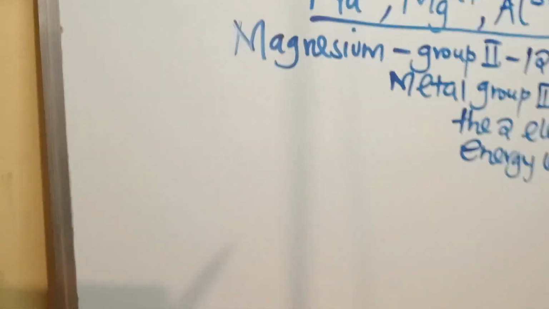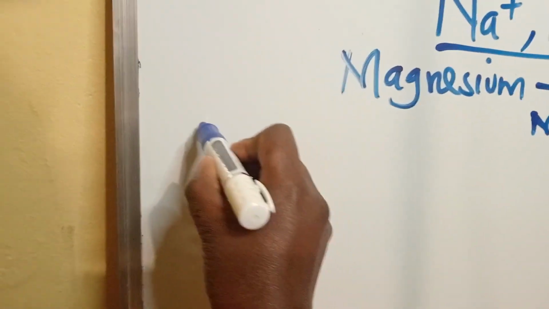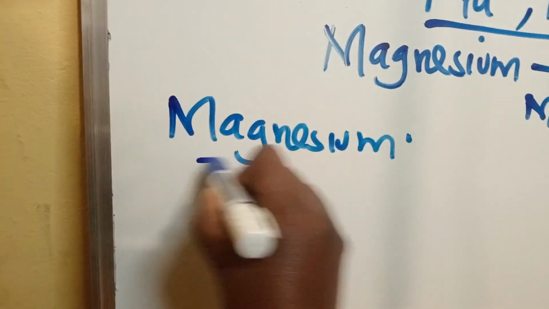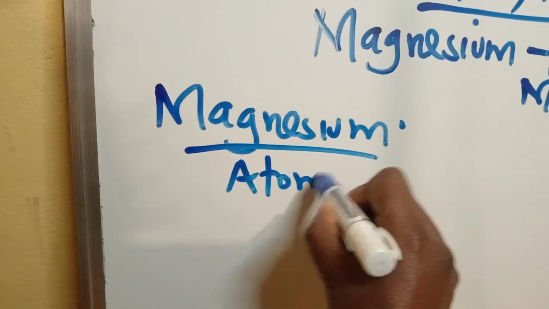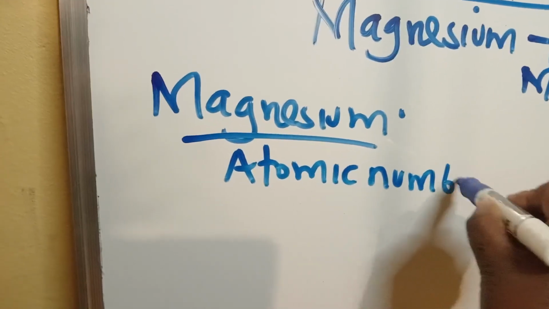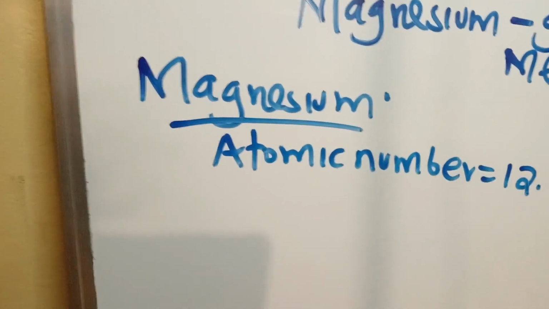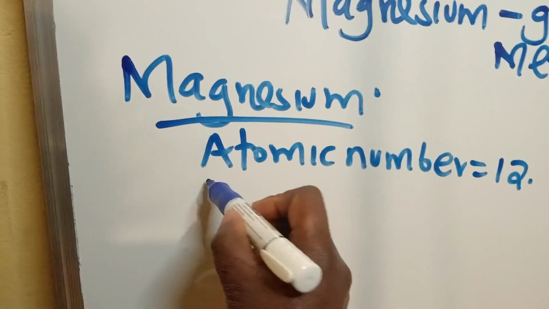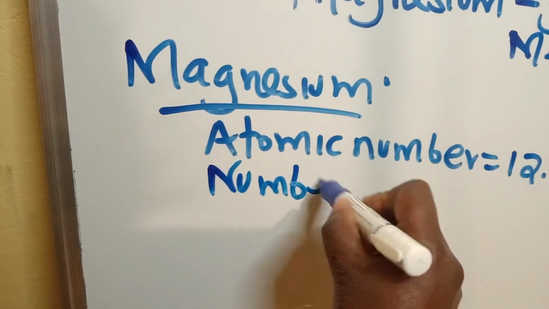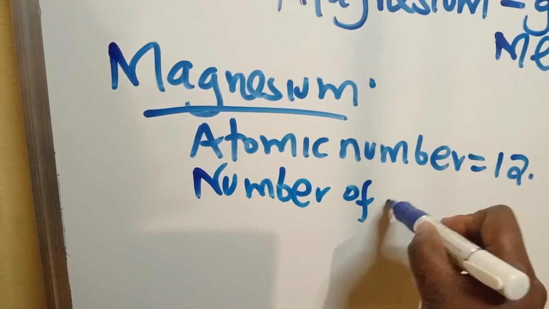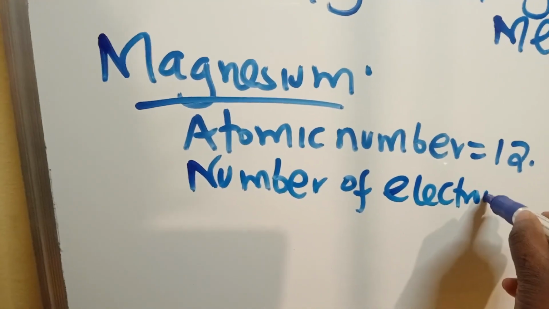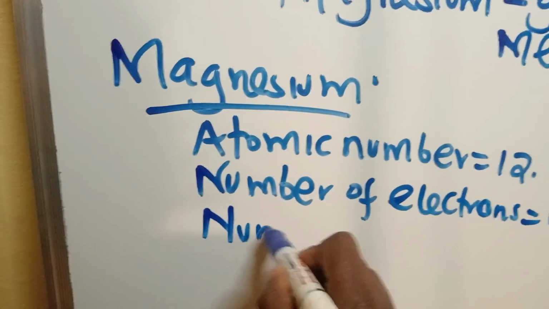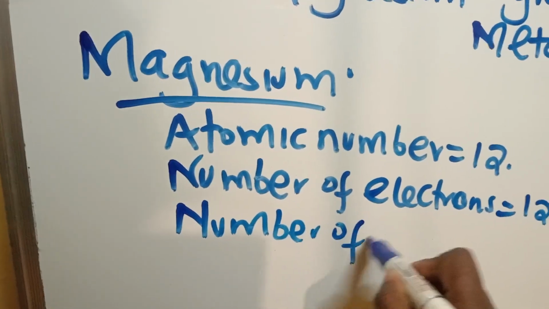Another major point to note is that magnesium has atomic number 12. Last time we said atomic number is the same as the number of protons, and it is also the same as the number of electrons.